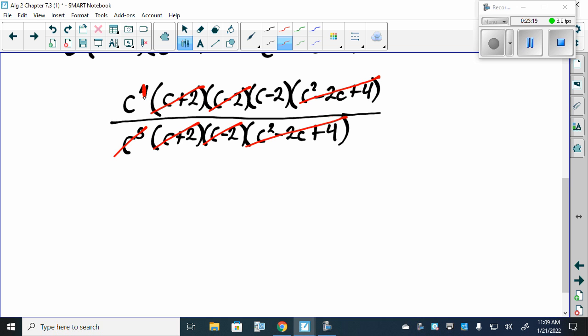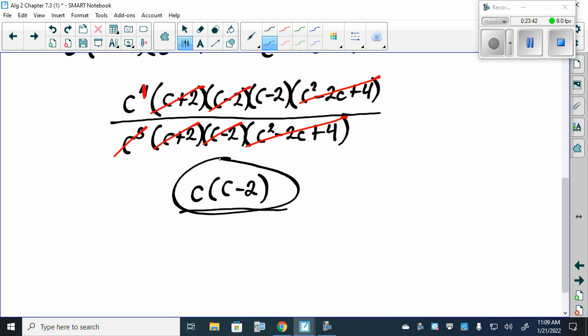And we do have one more left over on top. Which we will have what left over on top? c times. Do we have anything left over on bottom? Nope. So that there would be the answer.